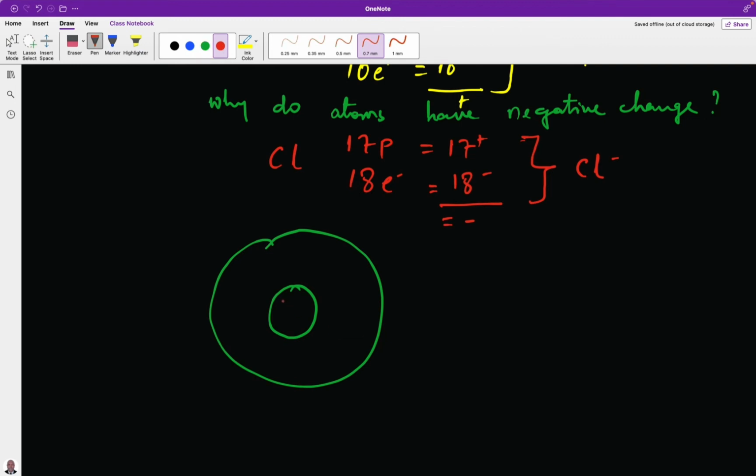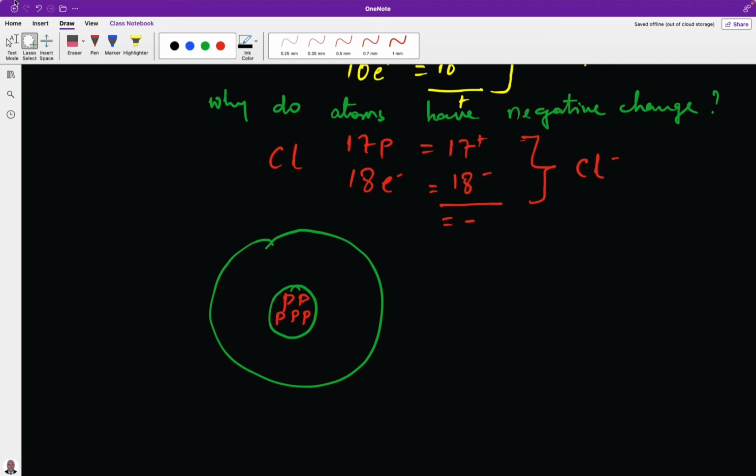The protons are positively charged. The neutrons have no charge. The nucleus is made up of the protons and the neutrons.